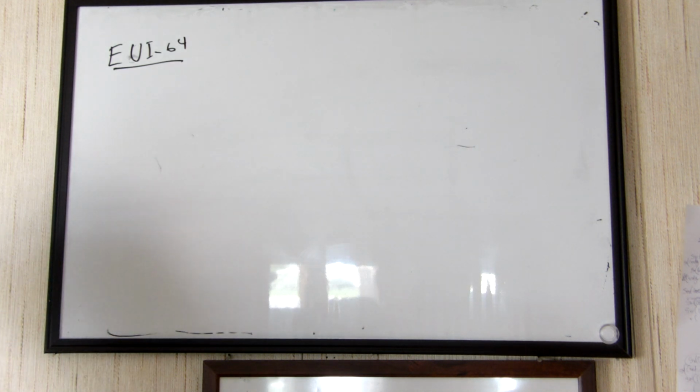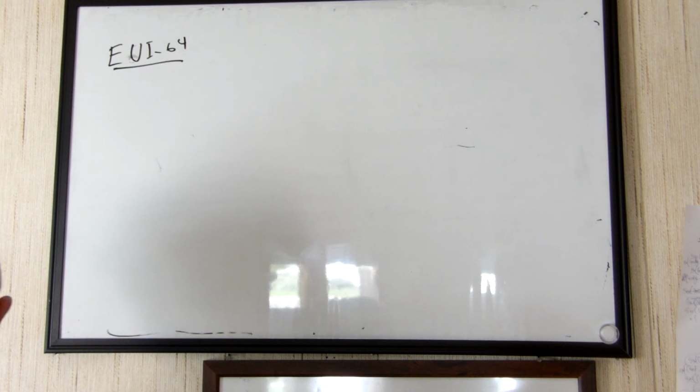How it's done is it uses the MAC address of the device to create a unique 64-bit interface identifier, and then we append it to the network portion. Okay, so let's go through the example.